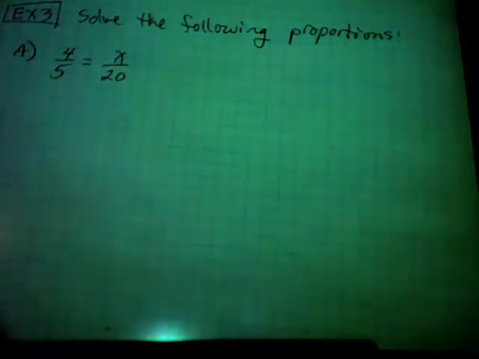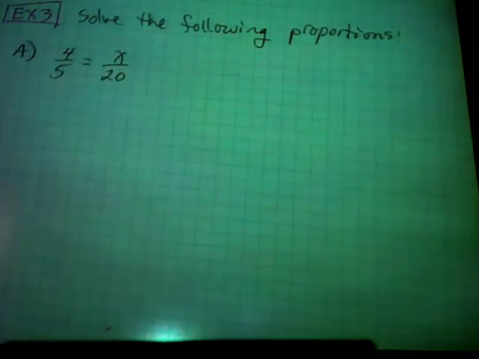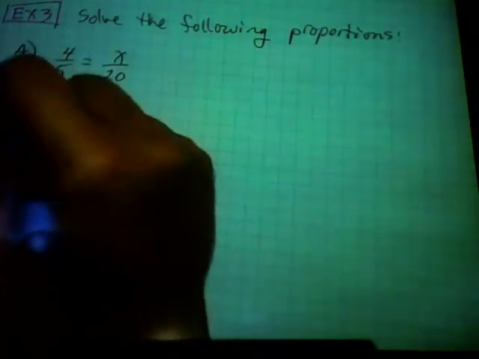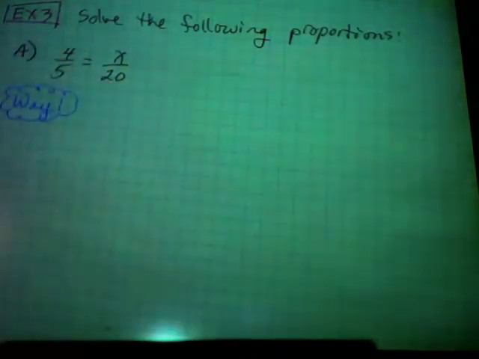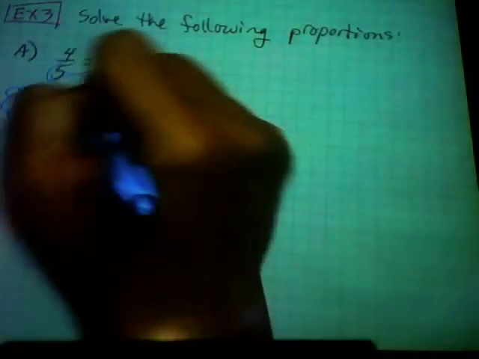For this type of problem, there's 2 ways you could solve it. What's way 1? Give me one way. Cross multiply the 4 and 20. Okay, so we could use cross products, right?